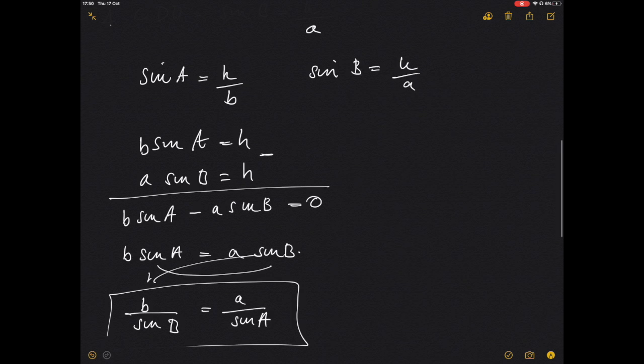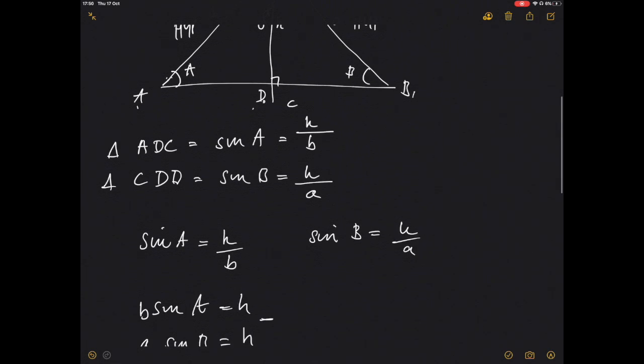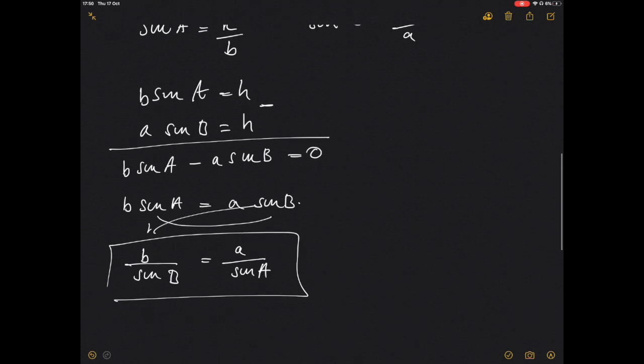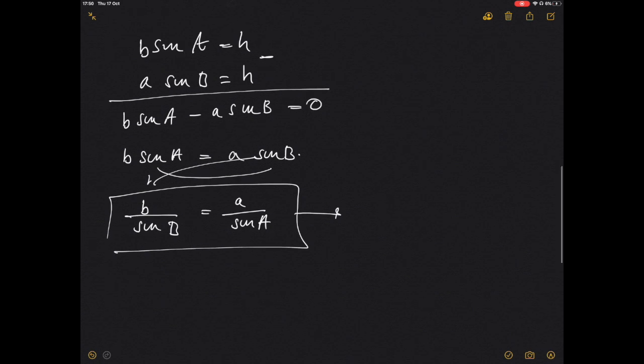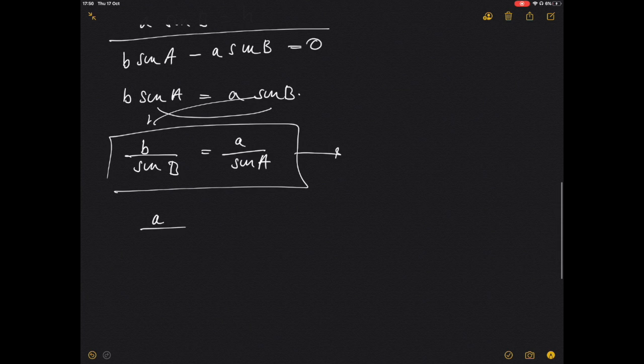If you were to carry this on, you could do this in your own time. You would find for c, if you play with the same relationship with sine, you would get exactly the same. So we extend our relationship to say that a over sine A equals b over sine B, which equals c over sine C.